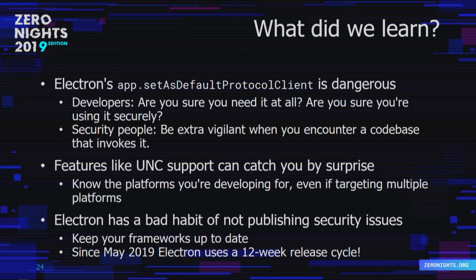Since May, Electron has also adopted a 12-week release cycle where they release a new major version of Electron every 12 weeks in order to keep up with the 6-week cycle of Chromium. And so that means that because they only support the last 3 major releases, if you're deploying an application now, you're going to have to upgrade the framework in around 8 months, or you end up with an unsupported version.